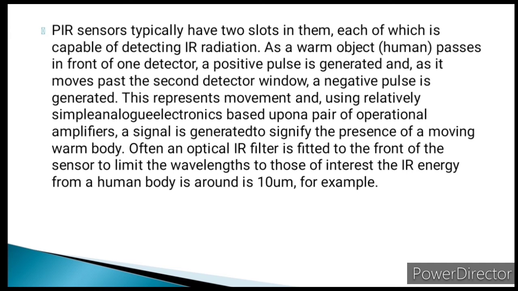This represents movement, and using relatively simple analog electronics based upon a pair of operational amplifiers, a signal is generated to signify the presence of a moving warm body. Often, an optical IR filter is fitted to the front of the sensor to limit the wavelengths to those of interest. The IR energy from a human body is around 10 micrometers, for example.